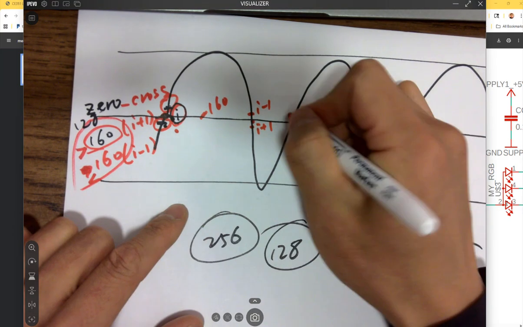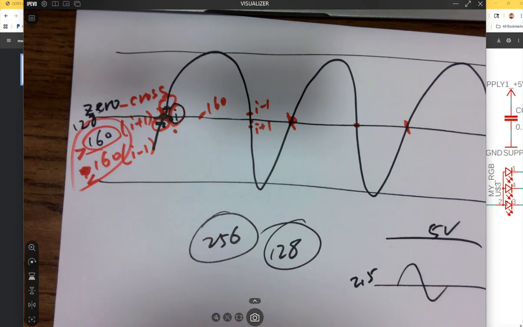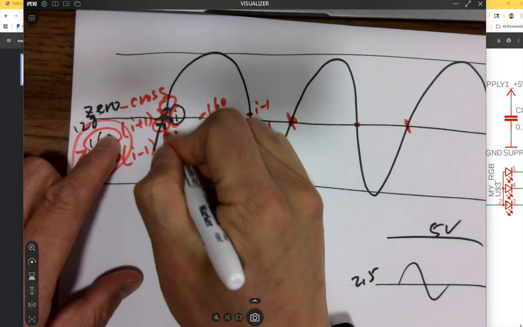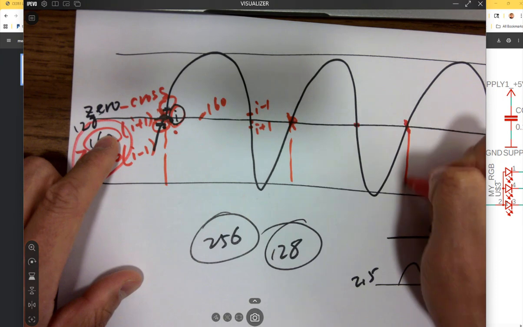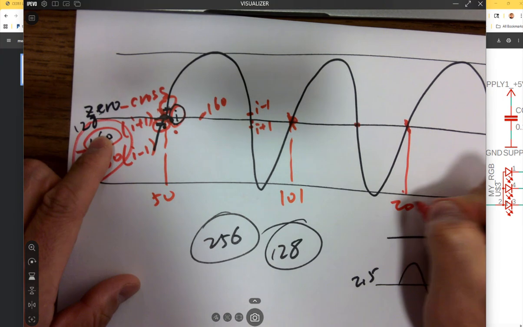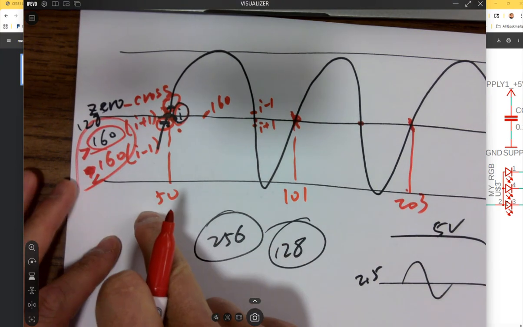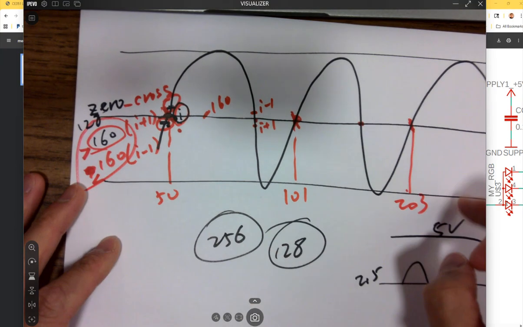If I got 3 zero crosses, what do you want to do? Log the index: 50, 101, 203, for example. You want to log these indexes immediately, right?